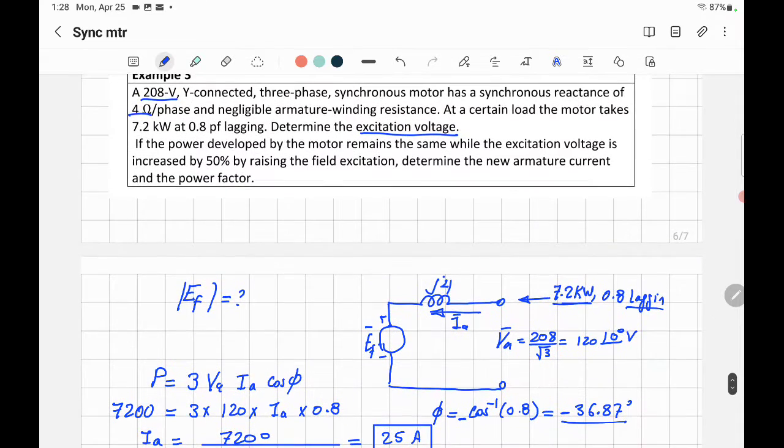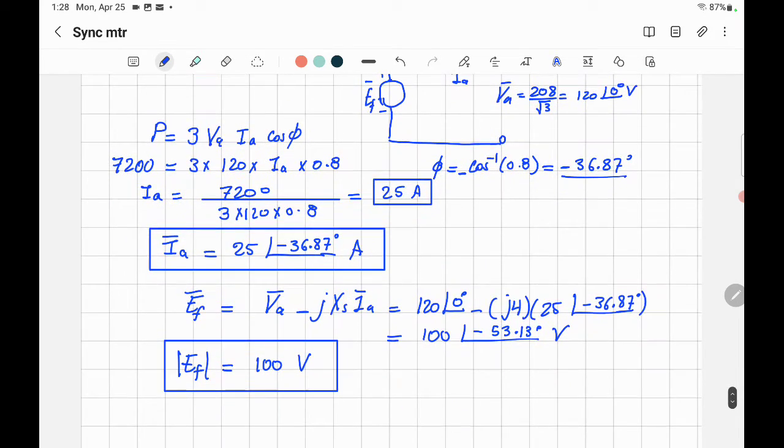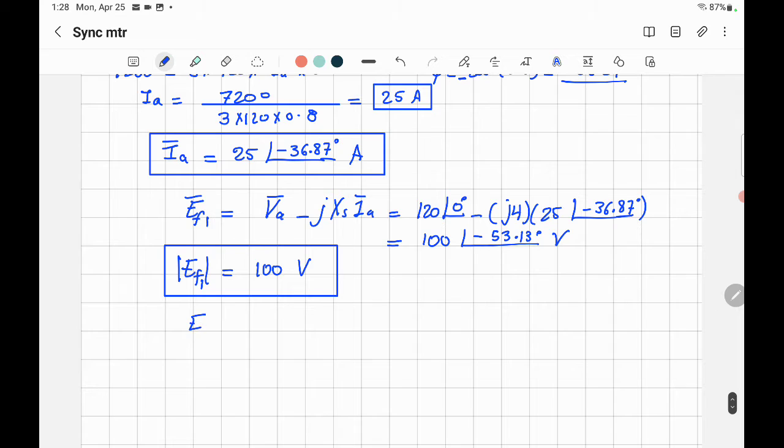Let's continue reading the problem here. If the power developed by the motor remained the same, means constant power, right? Remember that. While the excitation voltage is increased by 50%. So this EF, we got it be considered as the first case, and EF2 increased by 50%.